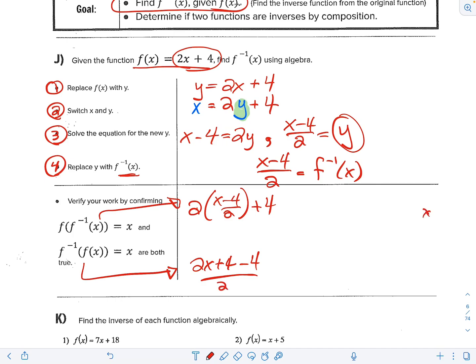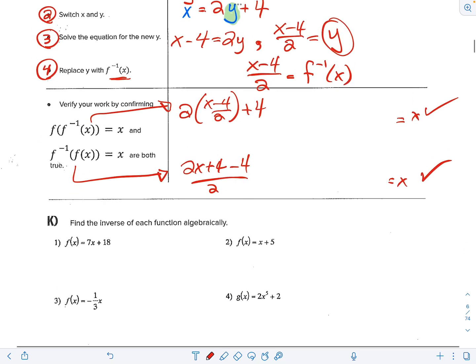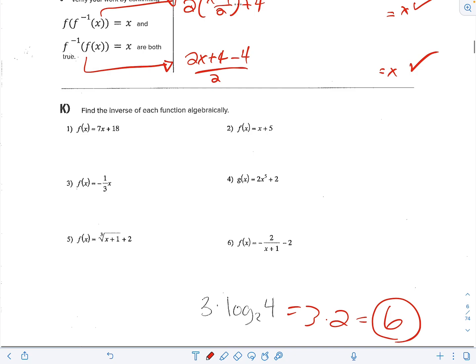You should get x for both of them. So you found how to find the inverse. I would suggest you pause and try a couple of these. I'm going to put answers here just to double check.